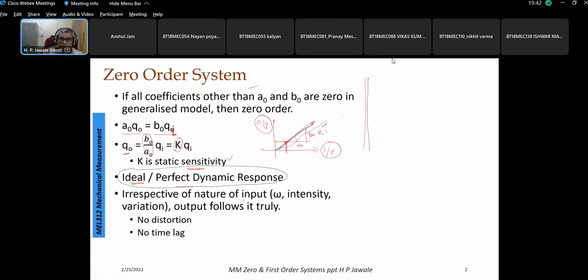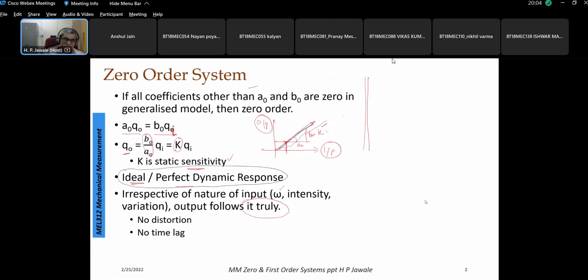So irrespective of the value of the input, let it be the sinusoidal input or ramp input or step input or any other kind of input signal that has been applied, with intensity variation or frequency variation, the output follows the input very truly. That's what we saw in the last lecture, right?